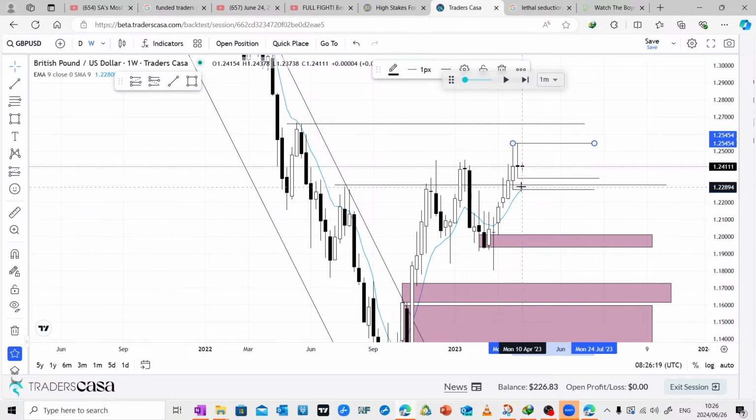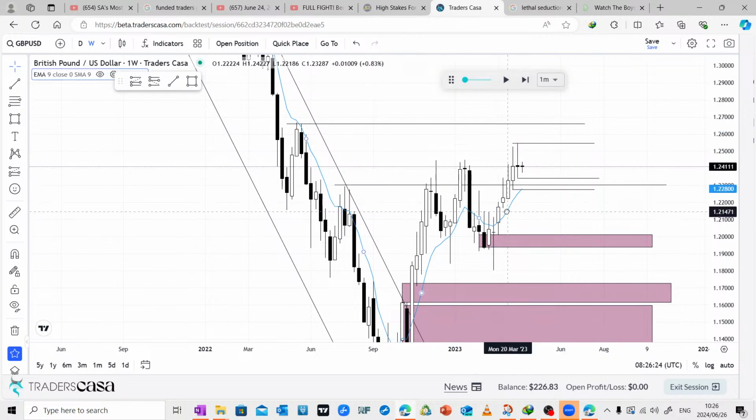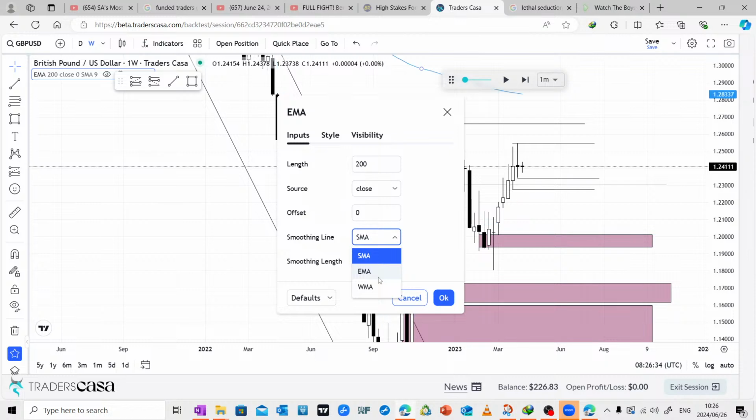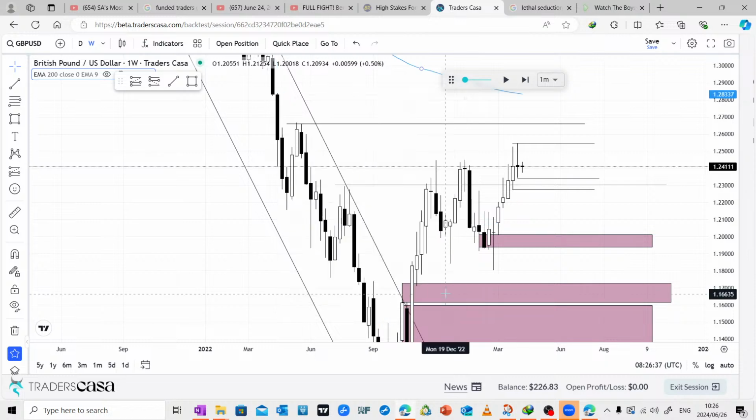But I think let me try to adjust my indicator so the length is 200. Now I need it to be exponential. Okay, let's see.